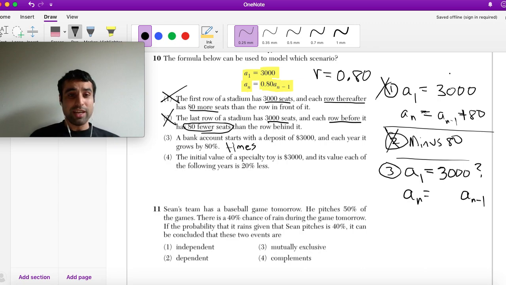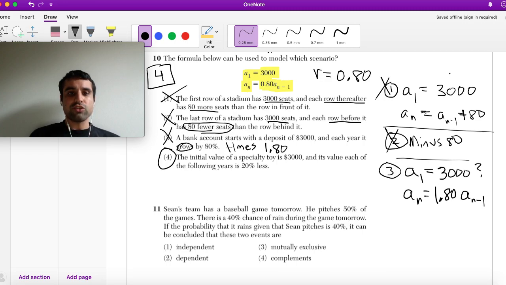If you multiply by 0.80, you're actually going to end up reducing the value. It's 1 plus 0.80, 1.80. It's multiplying by 1.80 because it went up by 80% from what it was before. So this is a growth, and we don't want growth. Multiplying by less than 1 is a decay function. So it's not choice 3, and by elimination, it's choice 4.